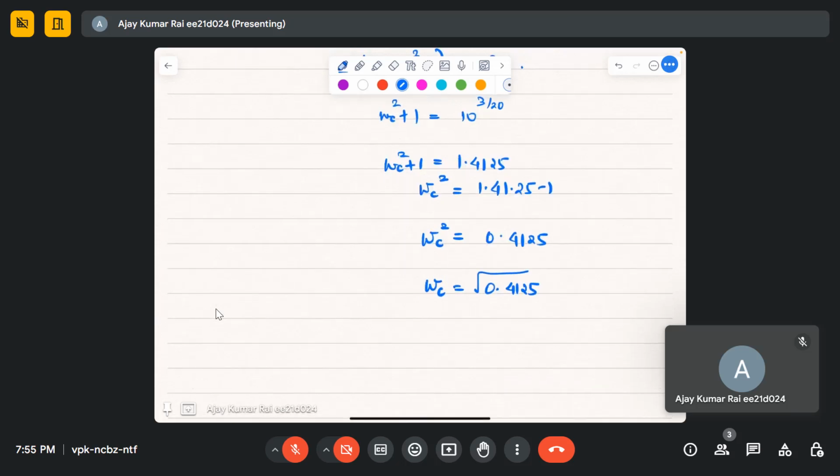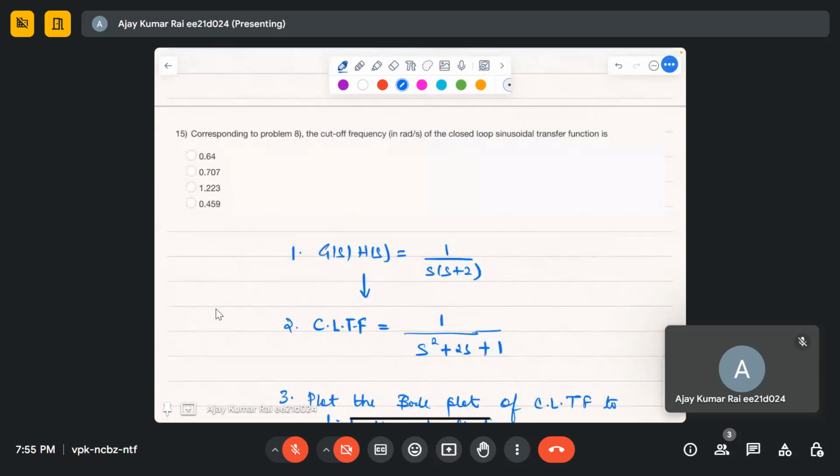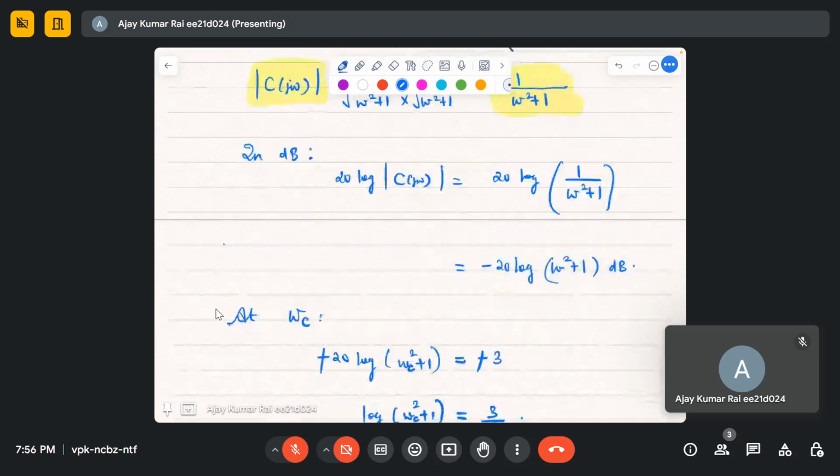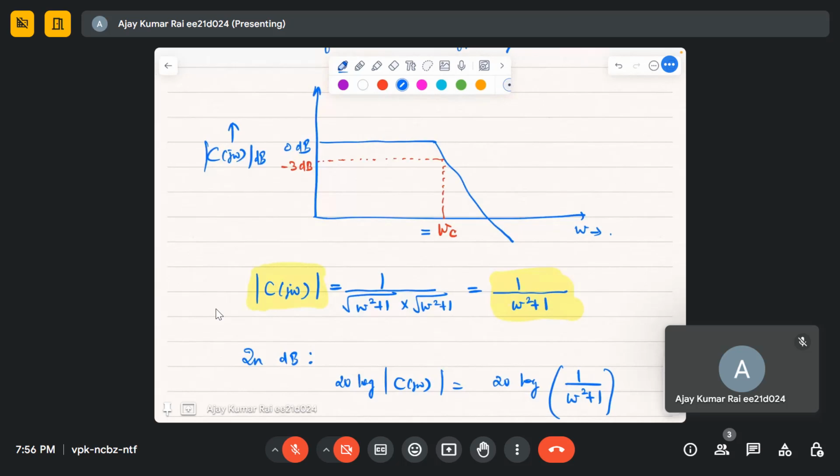So I'm getting cutoff frequency to be 0.6424 radian or 0.6425 radian per second. Okay. So option first is correct. This is in radian per second. So this is the cutoff frequency.